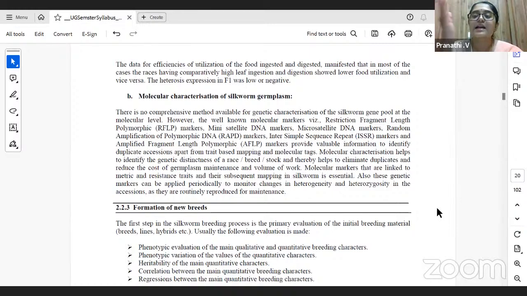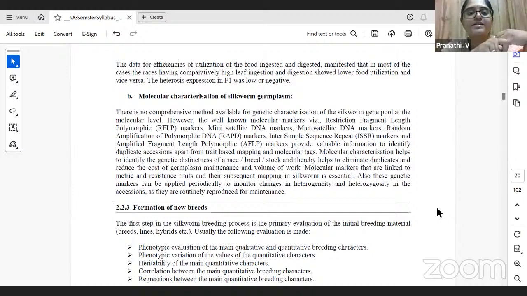So what will happen is this will help eliminate the duplicates, because of which your germplasm maintenance cost is going to come down, and the volume of work involved in getting better breeds or in getting proper lines is going to be less.